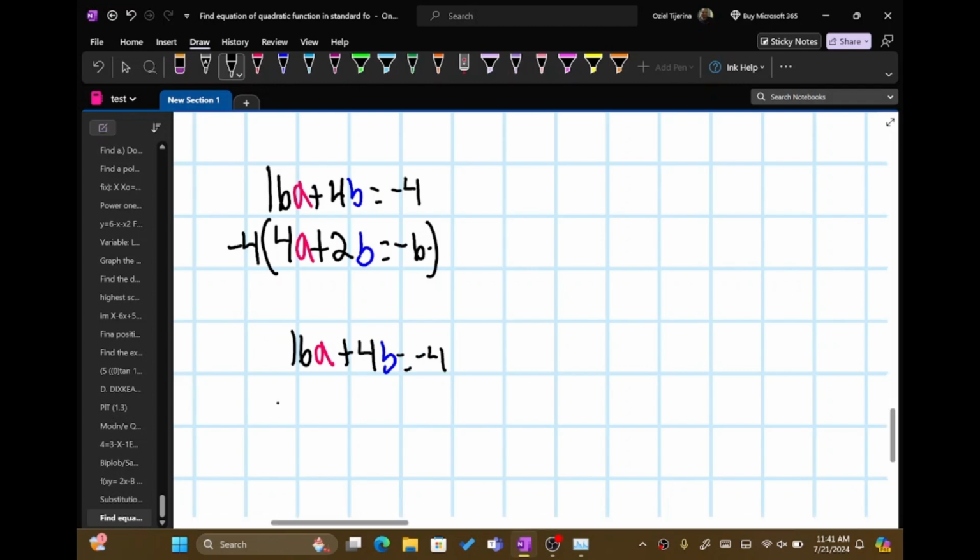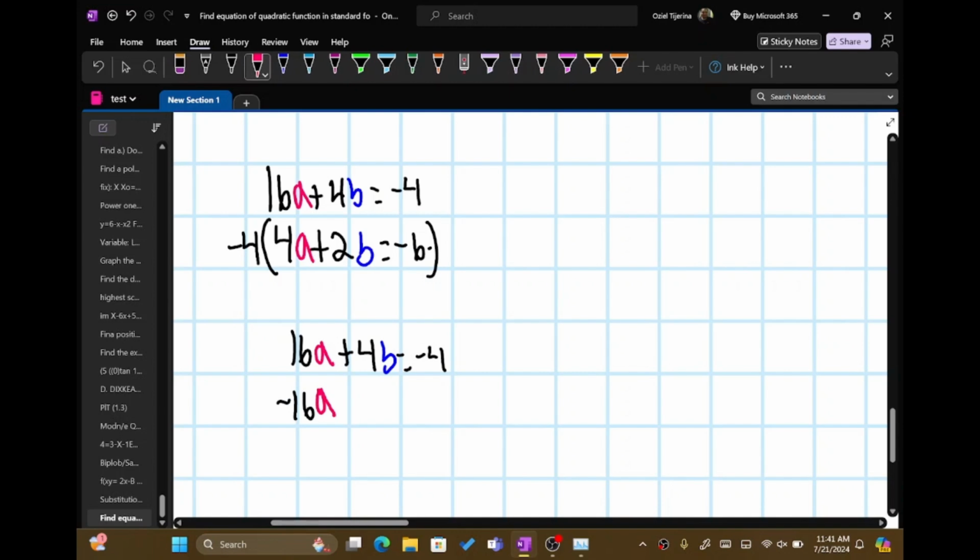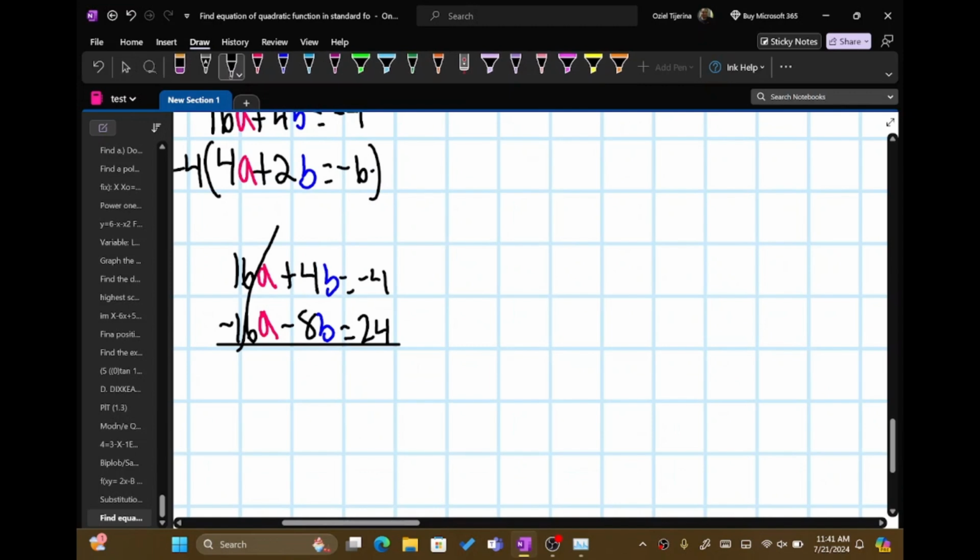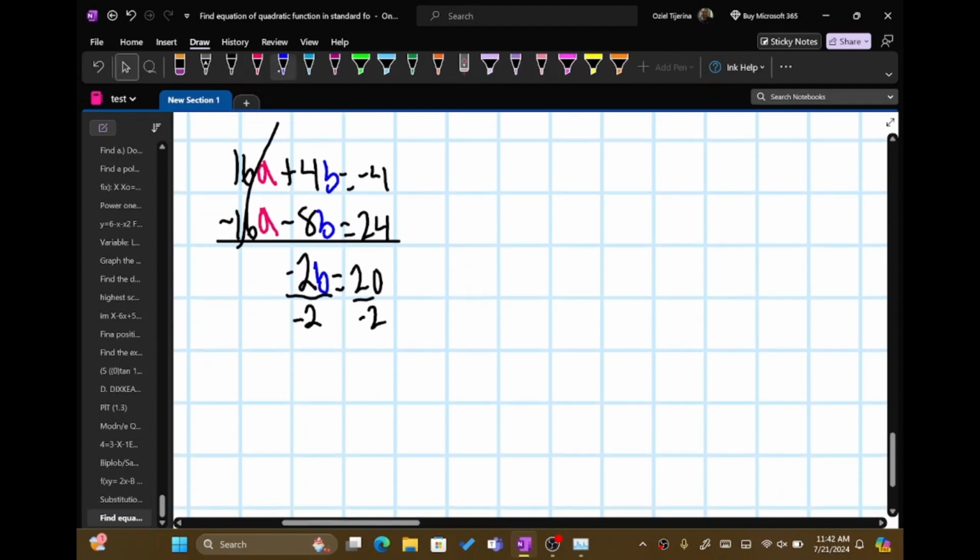And then we have negative 16a minus 8b is equal to 24. So now just eliminate that a value and solve for b algebraically, just like systems of equations. So we do 4 minus 8 is negative 2b, so negative 2b is equal to 20, because negative 4 plus 24 is 20. Divide by negative 2, we get b is equal to negative 10.